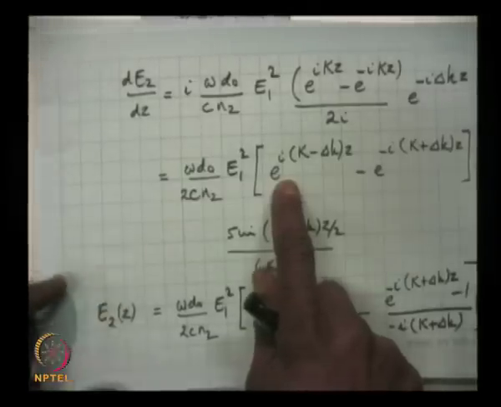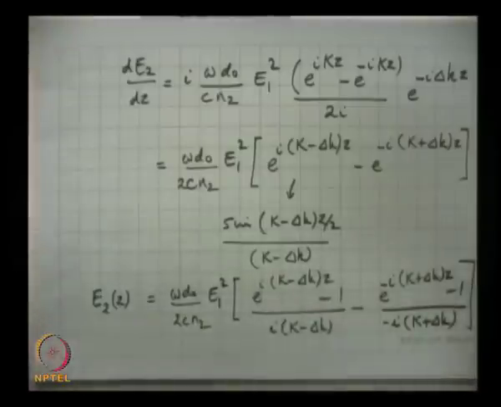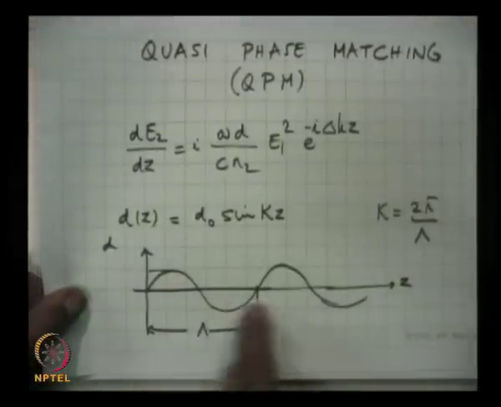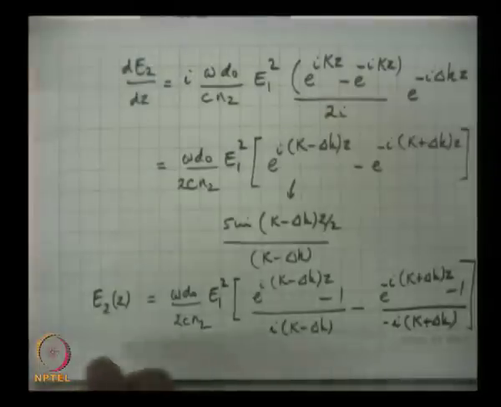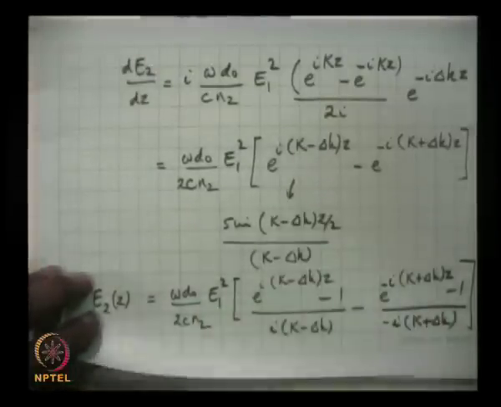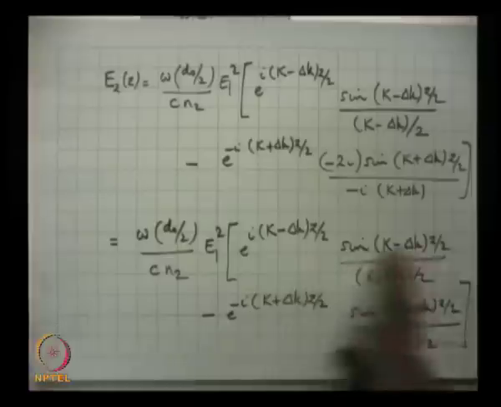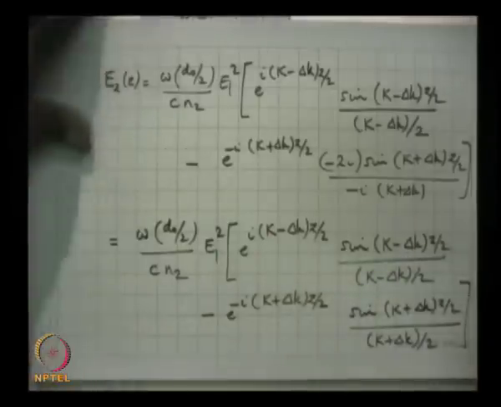And because capital K is in my control, if I can make a medium with this kind of a distribution of d, capital K is in my control, and given a delta k, I can choose a capital K equal to delta k, and this term will then give me maximum contribution. So what will be E2 of z?